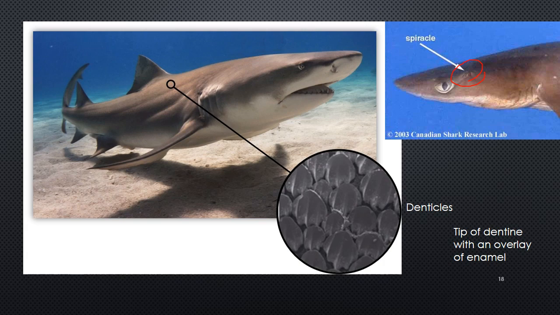A swim bladder would allow them to sit in one place within the water column, but a shark doesn't have that, so it will tend to sink to the bottom a little bit. But what the spiracle does is it allows water to still flow through the spiracle and out across the gills, so that there's a little bit more gas exchange happening when they aren't swimming quickly. So it's just an extra way to have gas exchange.